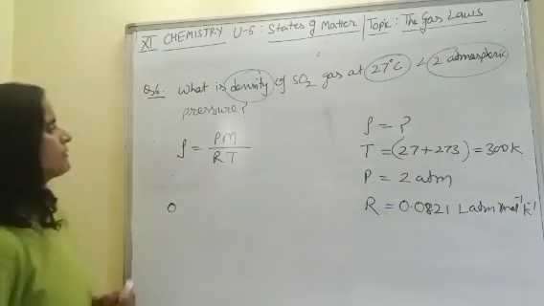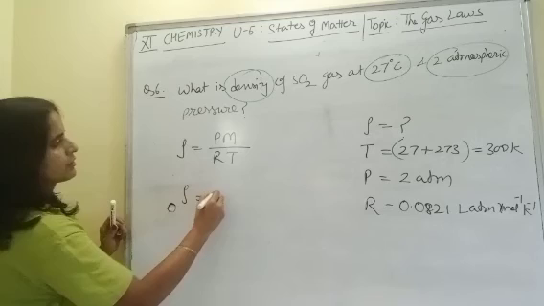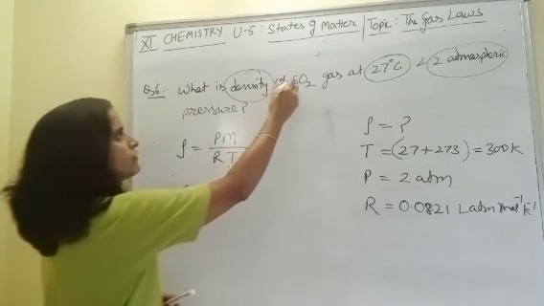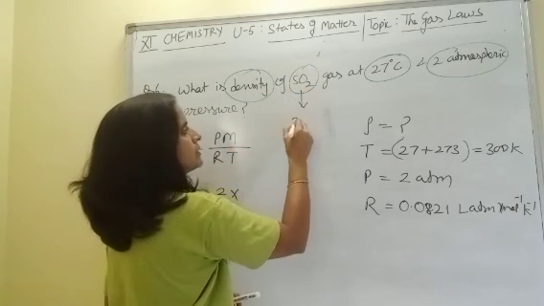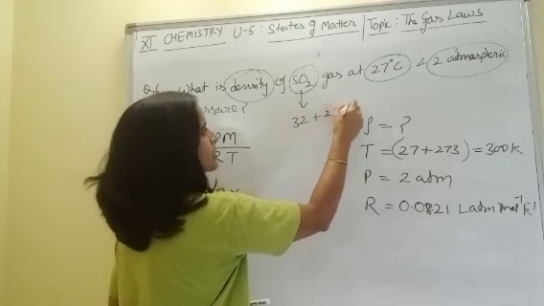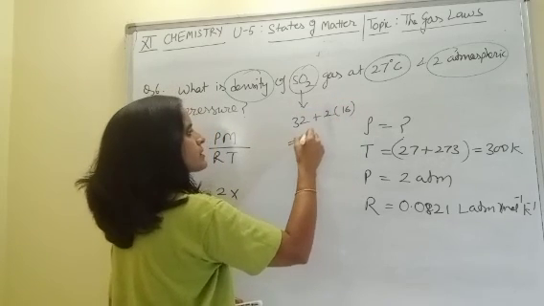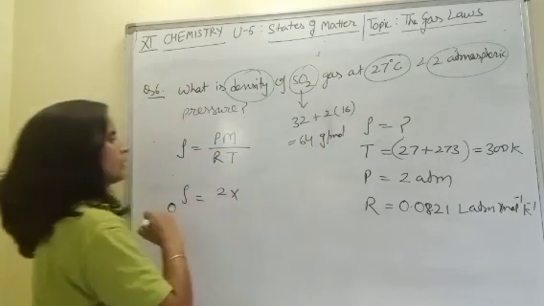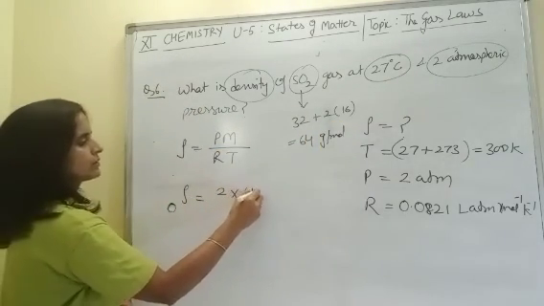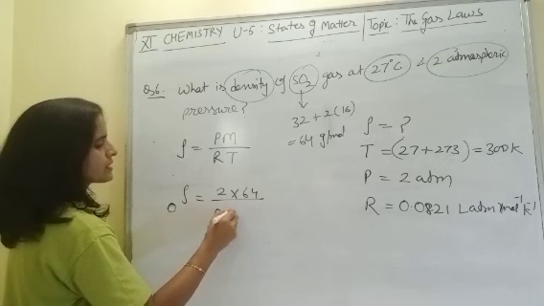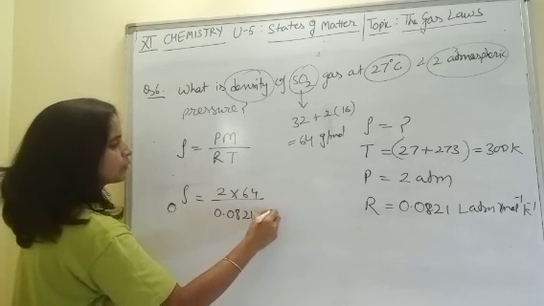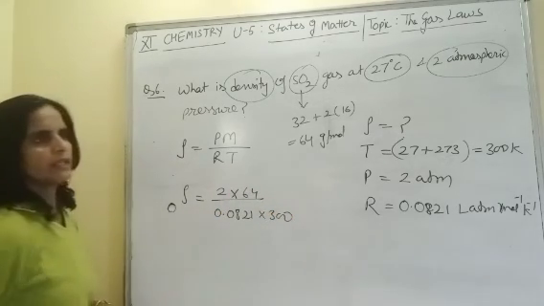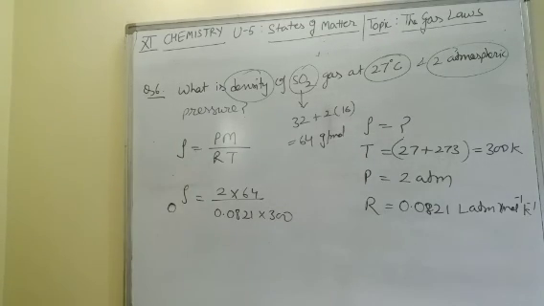Now substitute all the values. P is 2, molar mass of SO2, 32 plus 2 into 16, that comes to 64 gram per mole. So 2 into 64 divided by 0.0821 into temperature 300. Solve this for the answer of density.